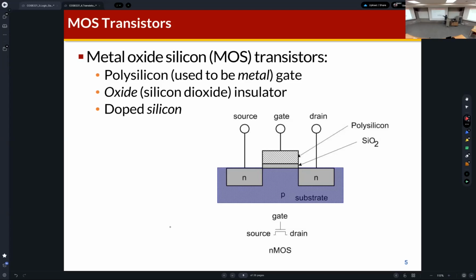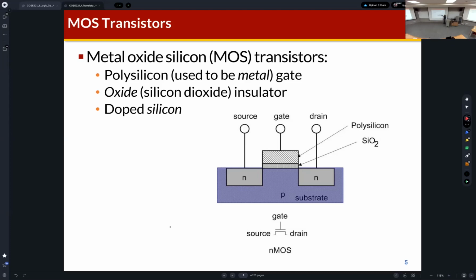So that's why this transistor is called MOS transistor, metal oxide silicon. Okay, this figure shows the NMOS transistor, and this is the symbol of the NMOS transistor. I showed this symbol in the previous slides, right?